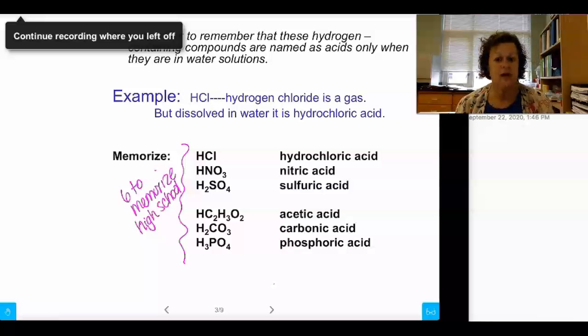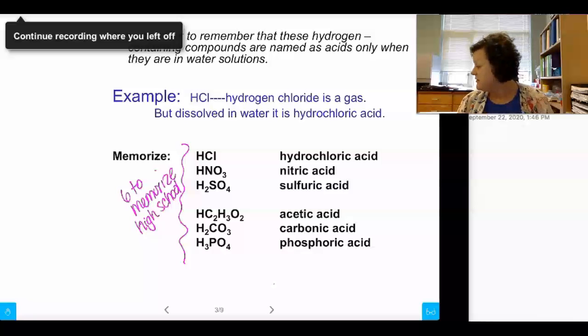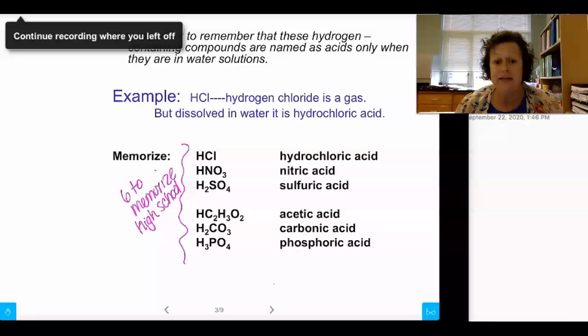So we just saw hydrochloric acid is where? It's in your stomach. And so that is what our stomach uses to break down our food. It fights off bacteria. Sulfuric acid, I wonder if anybody knows. It's in batteries. Acetic acid, we eat it. It's vinegar.